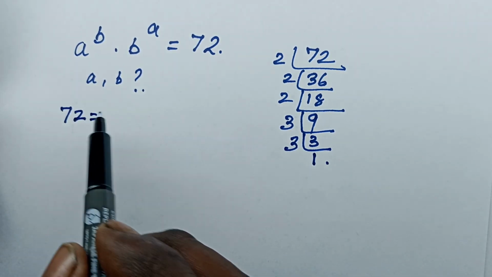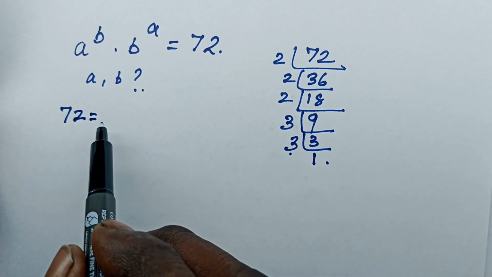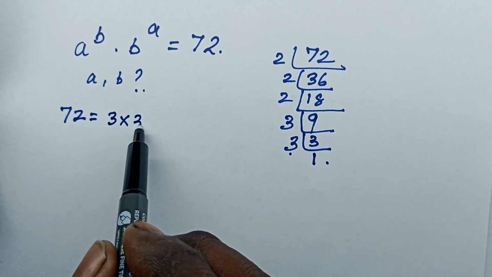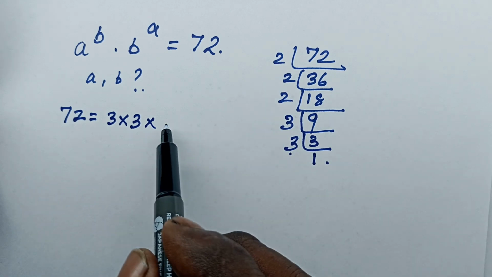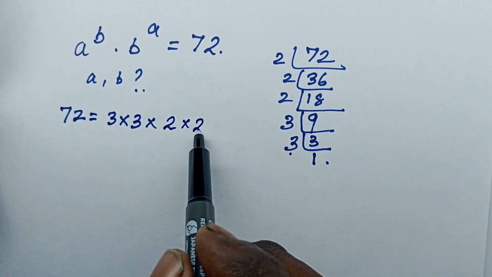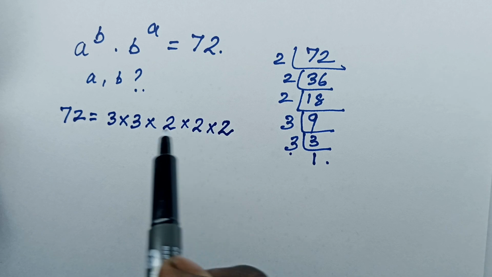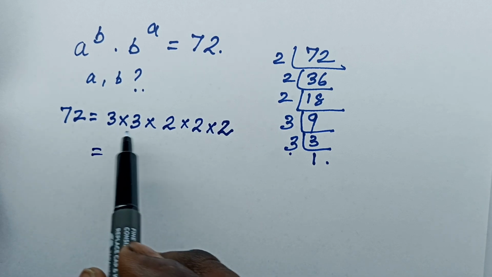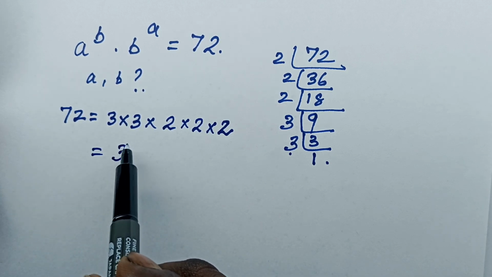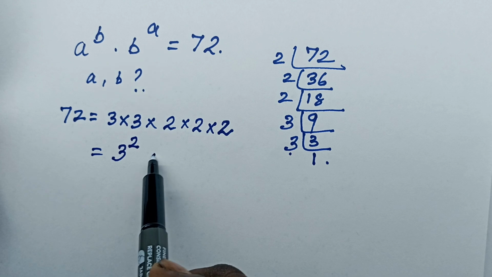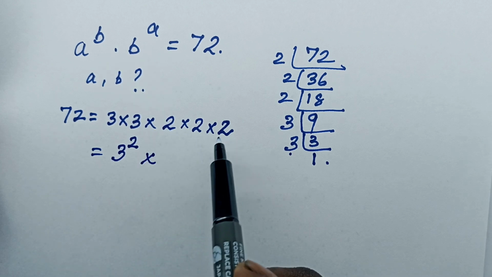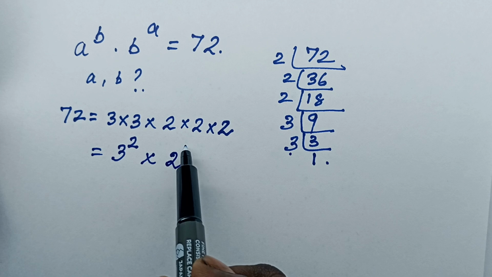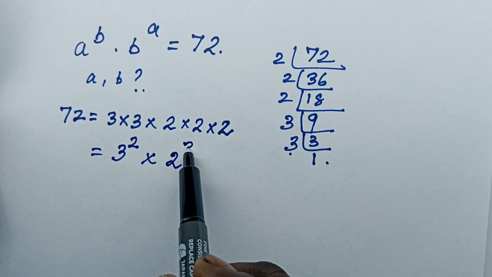72 can be written 3 into 3 into 2 into 2 into 2. 3 into 3 can be written 3 squared, multiplying 2 into 2 into 2 can be written 2 power 3.